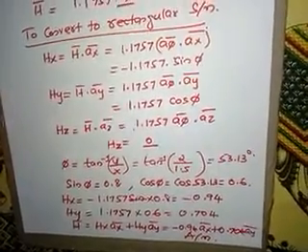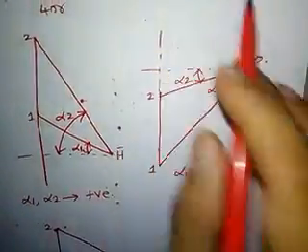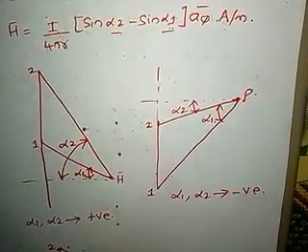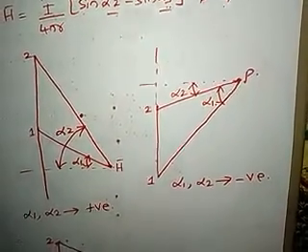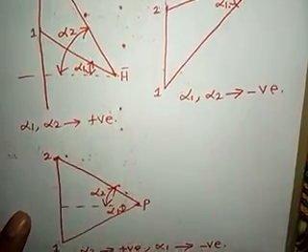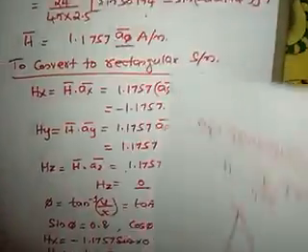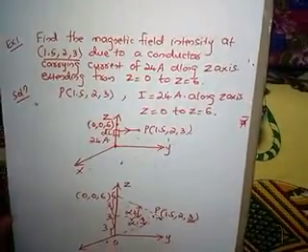Here we have shown the sign conventions for alpha 1 and alpha 2, under which case alpha 1 and alpha 2 are both positive or both negative, or one is positive and one is negative. So using this sign convention, we have solved an example to find the magnetic field intensity.